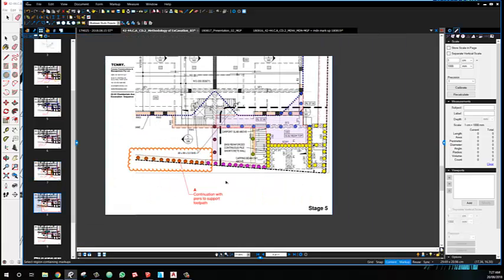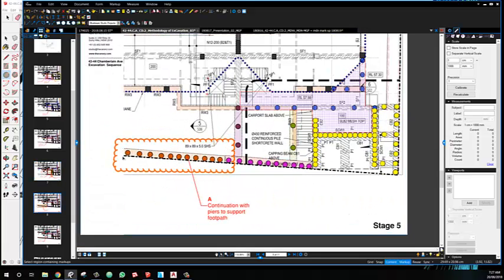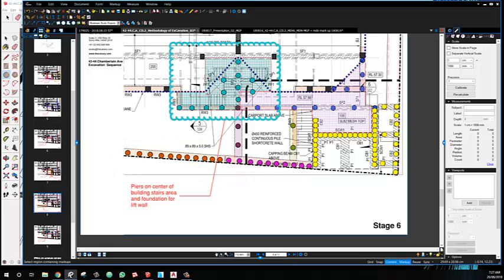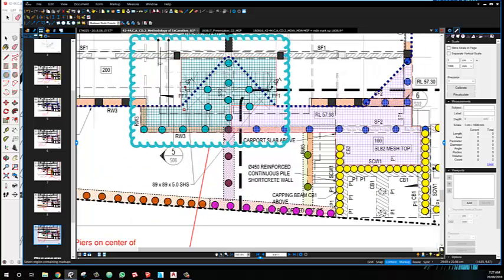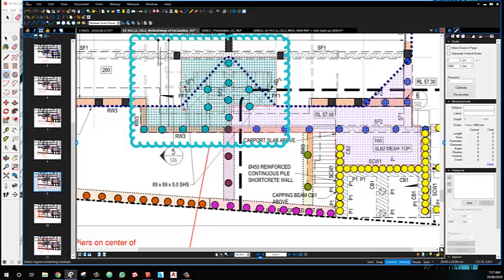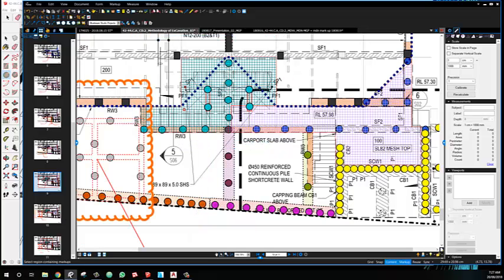Then people can just continue on the side with the same system as with the capping beam A, all the way to the garage, to then proceed with the same with the piers, with all the center of the building that has to be removed in preparation for the slab and the lift pit.